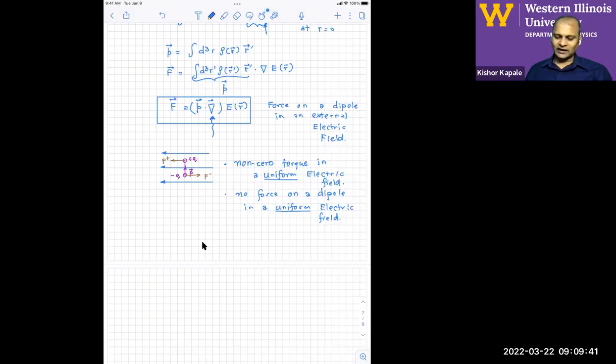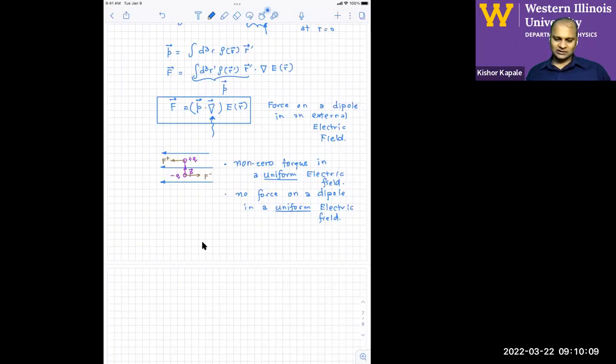If the electric field varies, then which way the force is going to be depends on the relative orientation of P as well as the gradient. And so if, let's say, the gradient of the electric field is towards the right, then what's going to happen to the dipole?